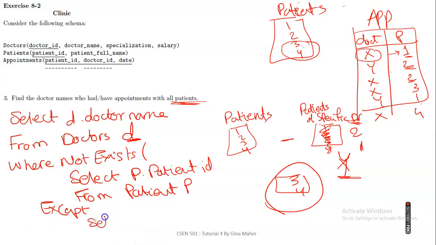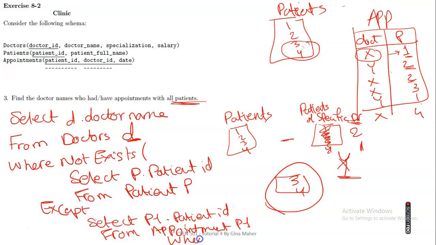So we're going to select P1.patient_ID from appointment P1 where D.doctor_ID equals P1.doctor_ID. So here we get all the patients, and here we get the patients of the doctor we want to check before returning its name.